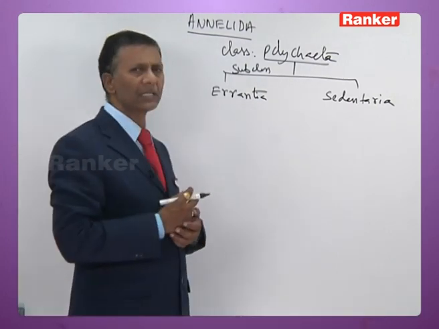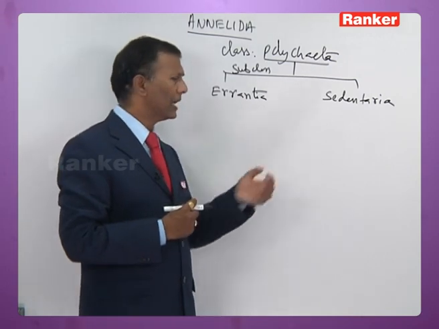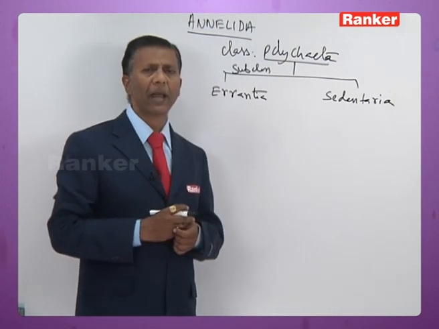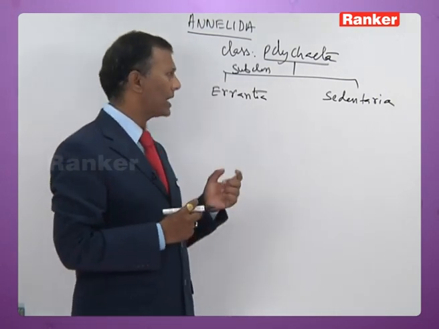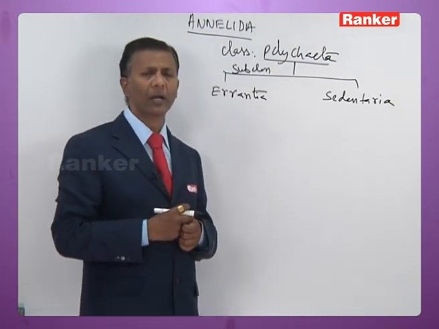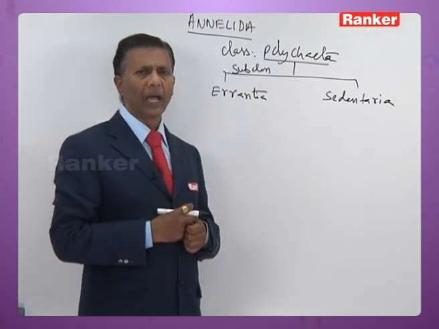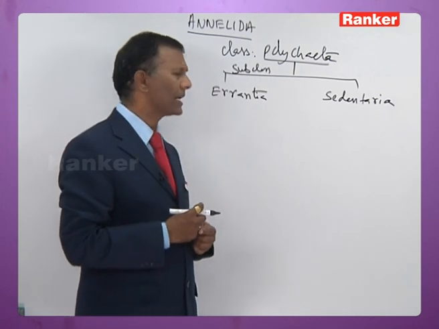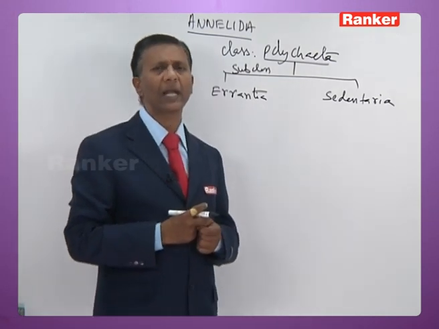In Errantians, head is distinct. In sedentarians, head is indistinct. In Errantians, parapodia are well developed. In Sedentaria, parapodia are poorly developed. And Errantians are mostly predaceous, whereas sedentarians are mostly detritivores.